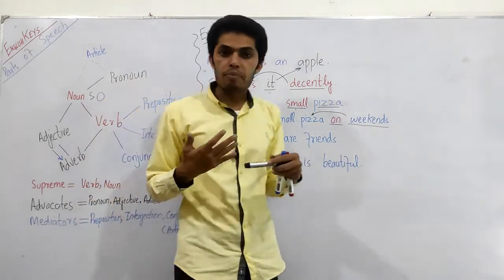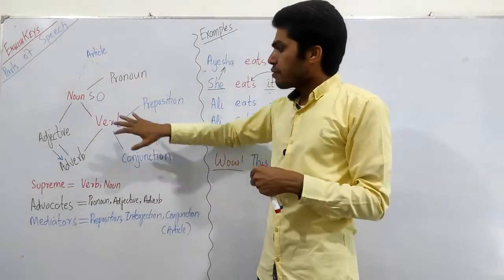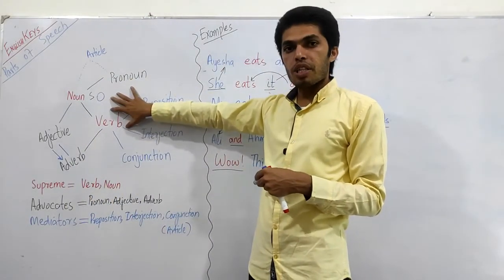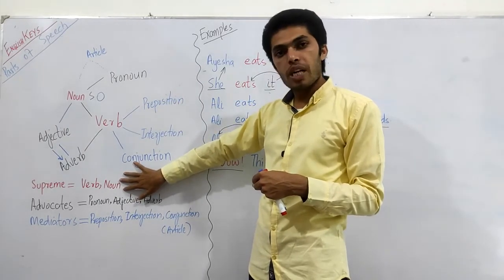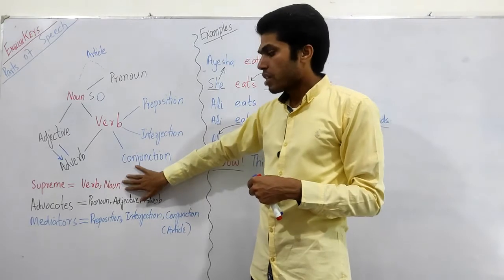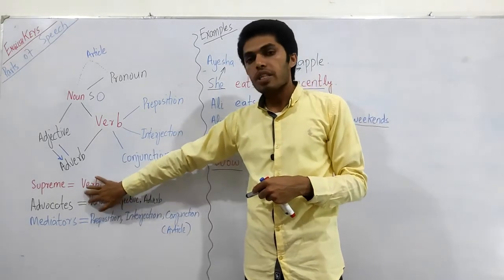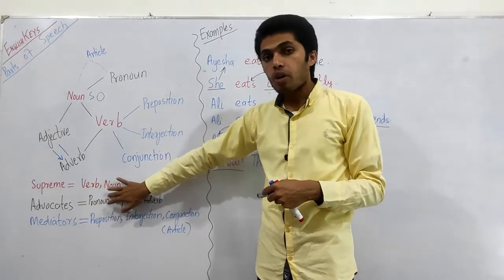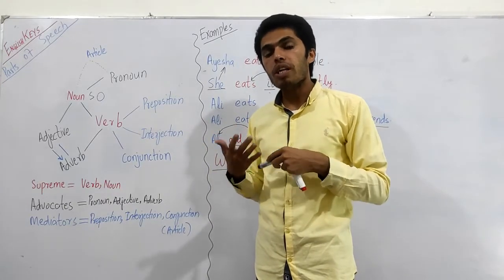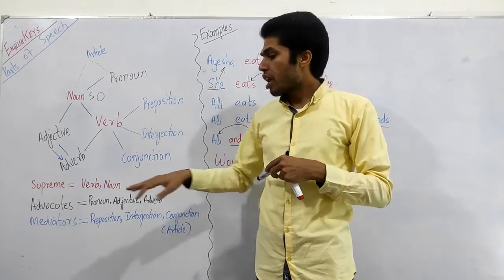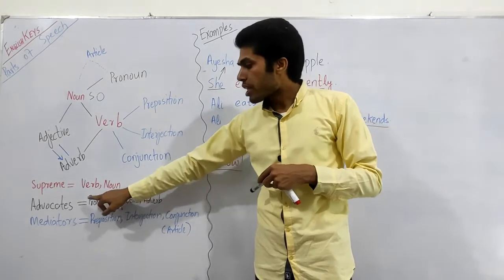Now I will recap today's lecture: we can divide the parts of speech into three categories. Supremes. And what are the supreme parts of speech? Verb and noun. Then advocates. Advocates are those words that advocate, or come at the place of, or define or give additional information about these supremes. And what are the advocates?